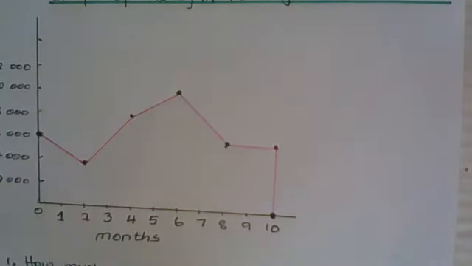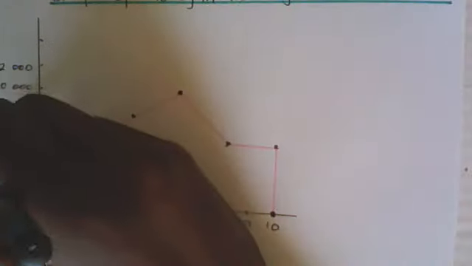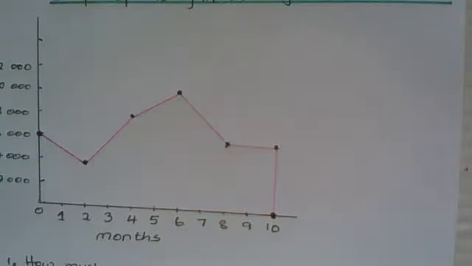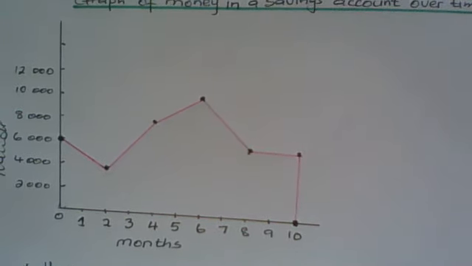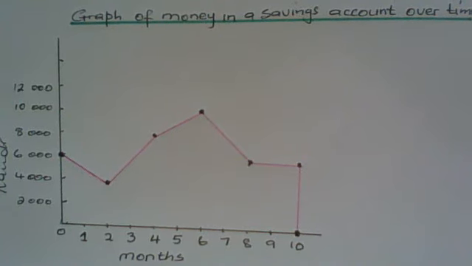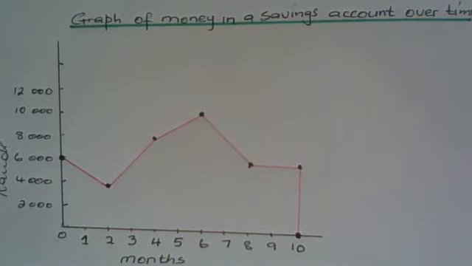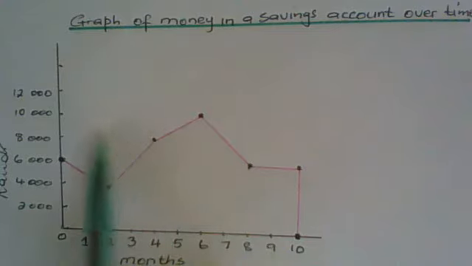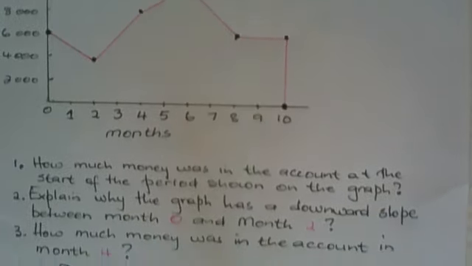The value in rands, that will be in month 4, will be 8,000 rands. Fine, that is the answer to that question. And then question number 4.